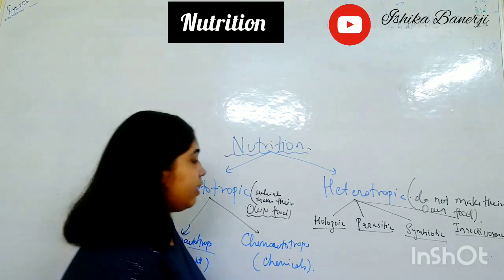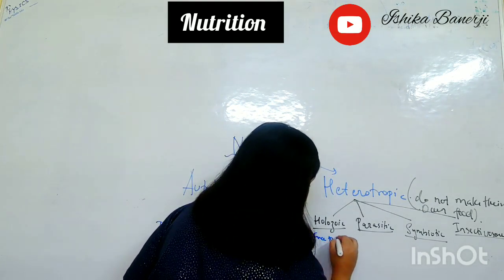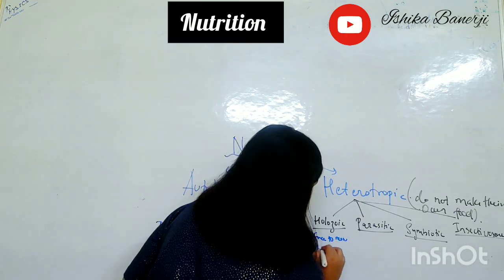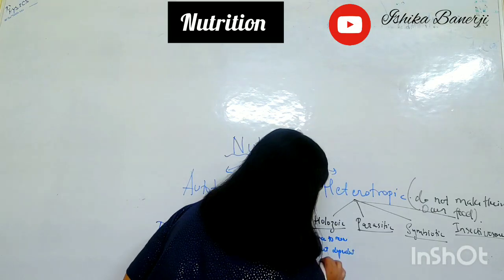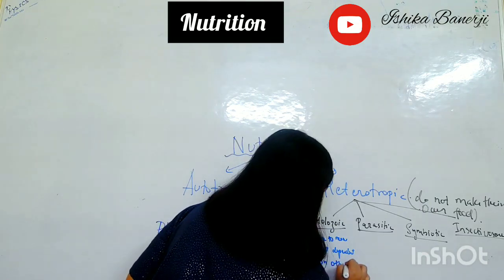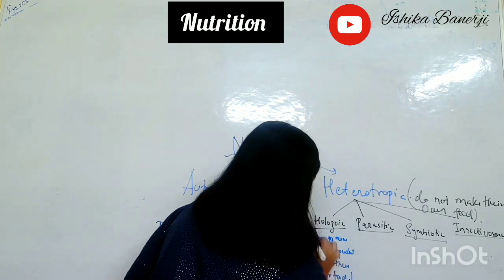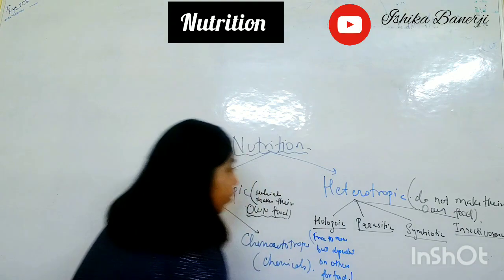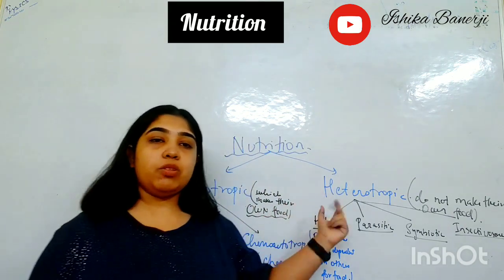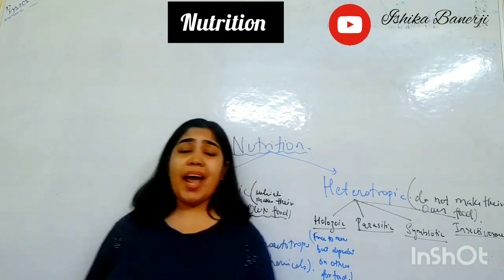Okay, write it. Free to move but dependent on others for food. Example, humans. So we are autotrophs or heterotrophs? We are heterotrophs. Holozoic.